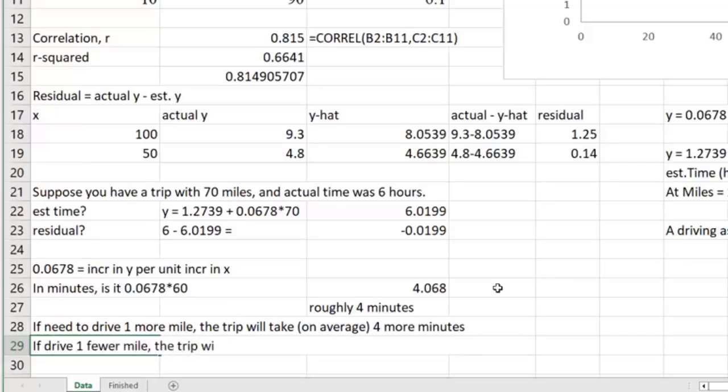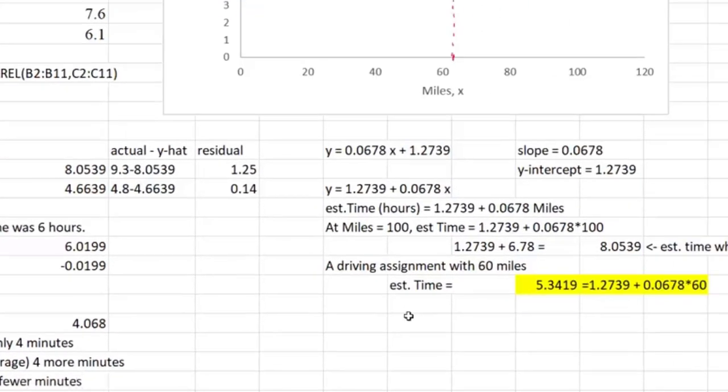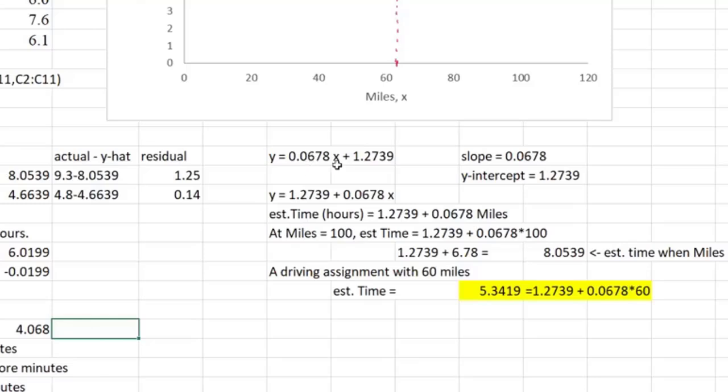Then the trip will take, on average, 4 fewer minutes. So we know what 0.0678 means: it's an increase in y per 1 unit increase in x, or you could say a decrease in y per 1 unit decrease in x.